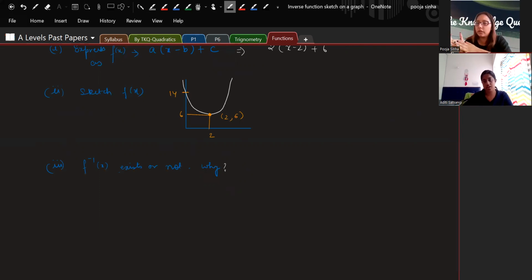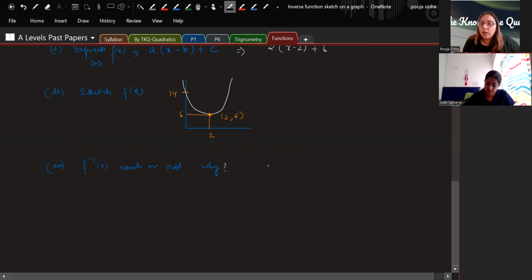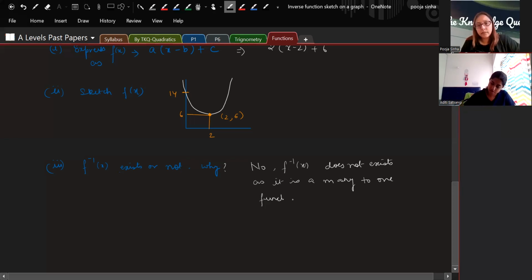You know the reason also, that the horizontal line test gave many to one, so we will write no. f inverse x does not exist because it's a many to one function. Point clear? Yeah.